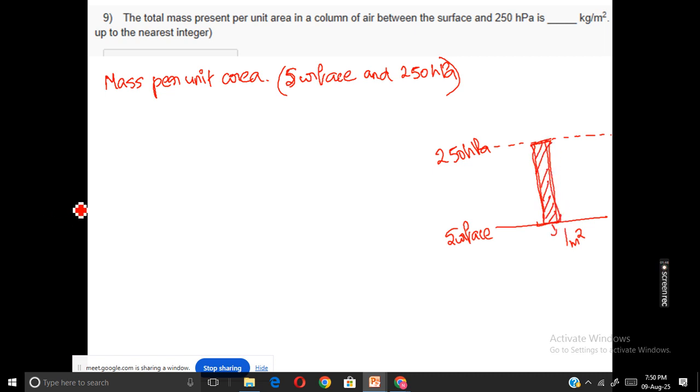If you remember, last class we found the mass of the whole atmospheric column, the mass of the atmosphere. Here, instead of considering the whole atmospheric column, we are considering an atmospheric column from the surface to 250 hectopascal height, correct?